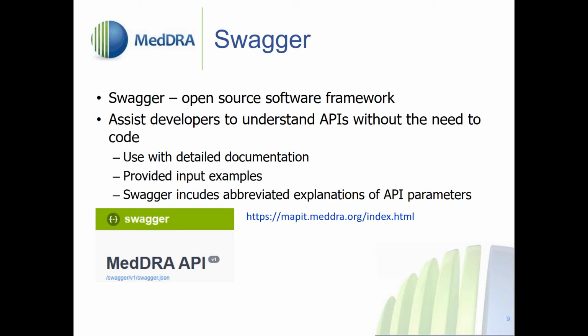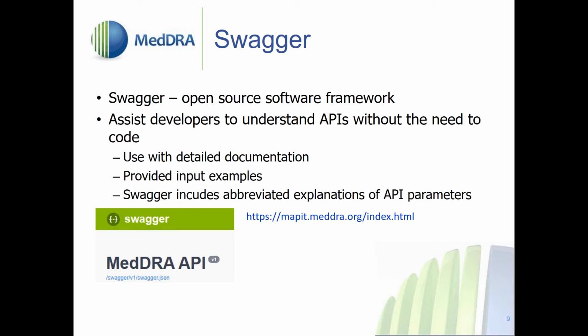Now, in addition to the documentation that we provided, we've also included a link to an open source software framework called Swagger. And for those of you that develop APIs, you're probably very familiar with this tool or a tool similar to it. The whole point of Swagger is it provides an interface for you to understand how to use the APIs without actually doing any coding.